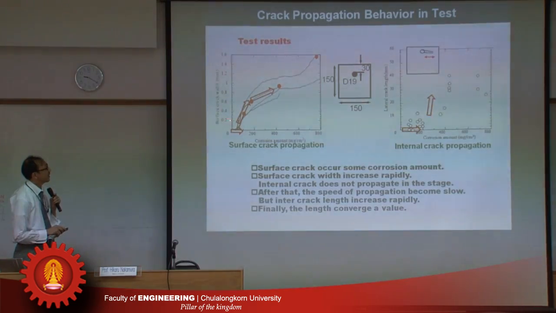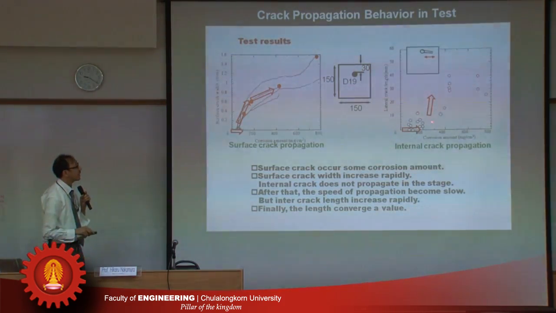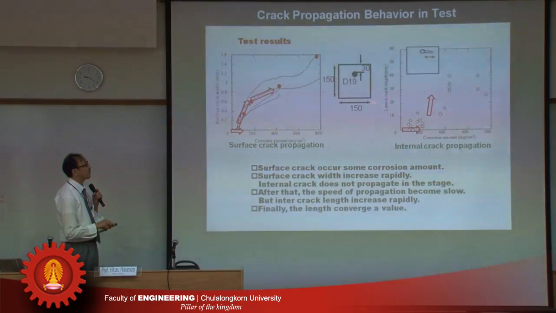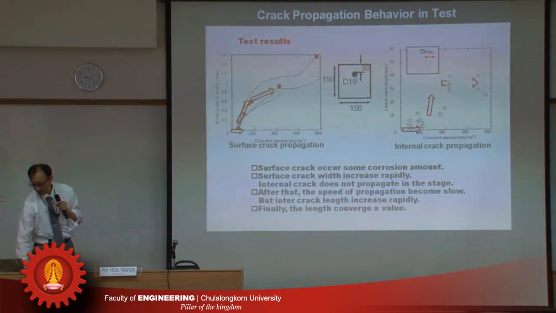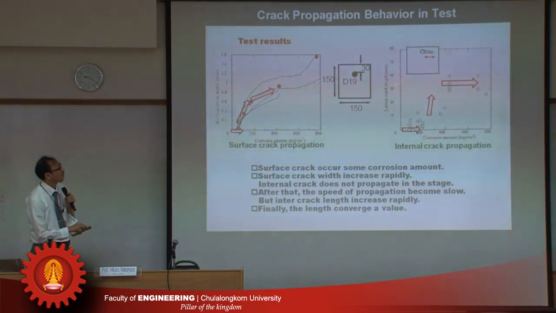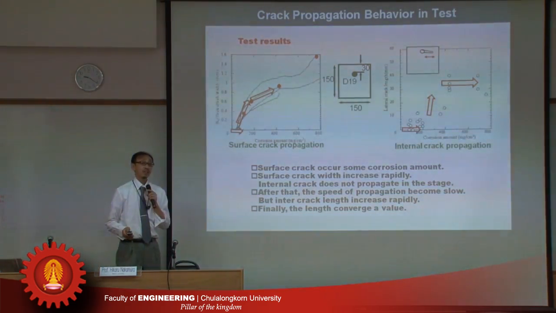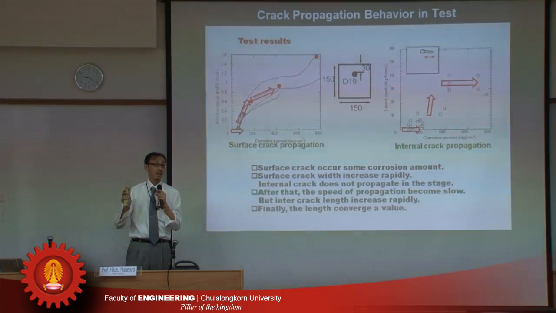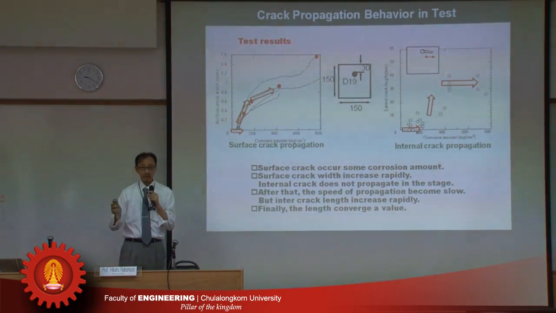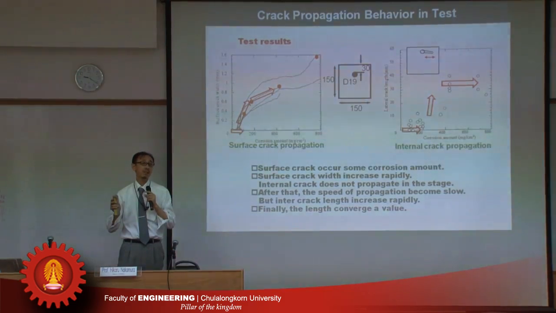After that, the speed of surface crack width growth becomes slow, but the internal crack length increases rapidly. Finally, the length converges. So the propagation of the surface crack width and the internal crack is quite different.